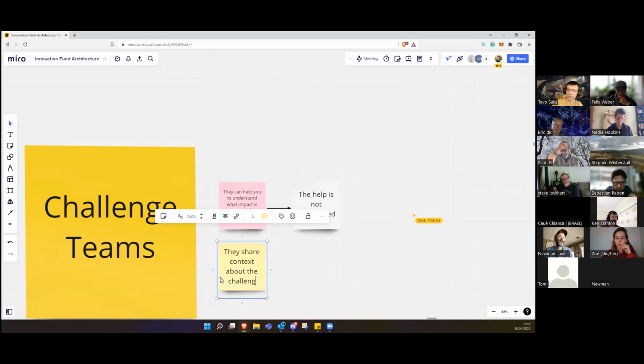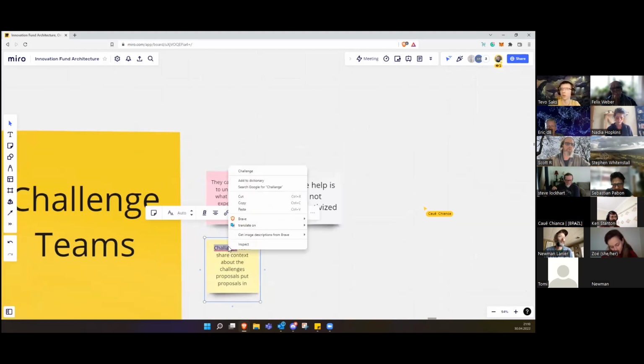So they usually have the person who has set the challenge, unless they've passed it on to the challenge team themselves. So the challenge teams, if you like, have the intellectual ownership of the challenge, and that can or perhaps should provide guidance to proposal assessors.